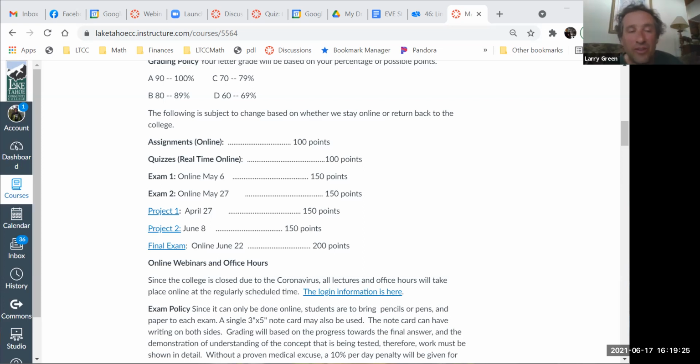You take your percent so far, multiply that by 0.8, and then add that to your guess of your percent for the final times 0.2.